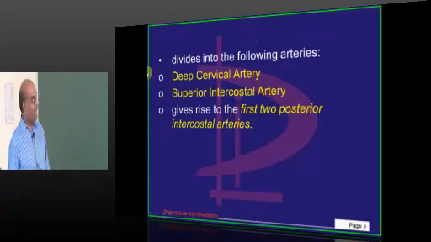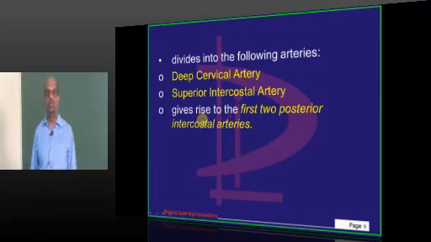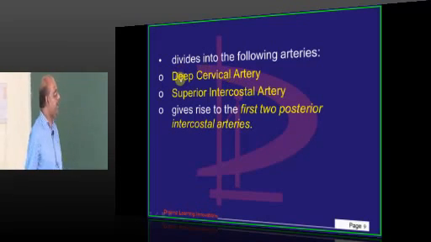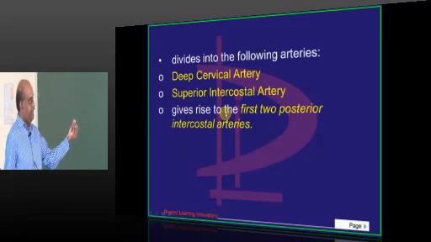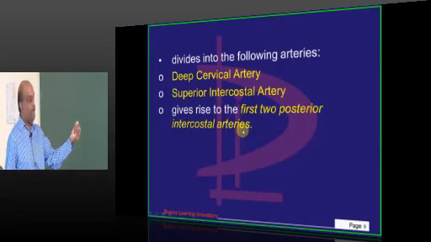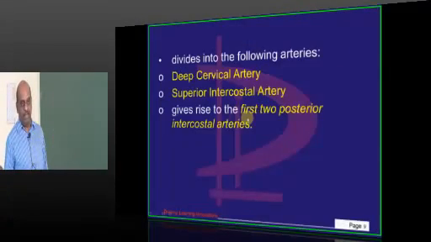Then what are the branches it will be giving rise to? One is the deep cervical artery, and the superior intercostal artery, which gives rise to the first two posterior intercostal arteries. So these are the branches of the costocervical trunk.